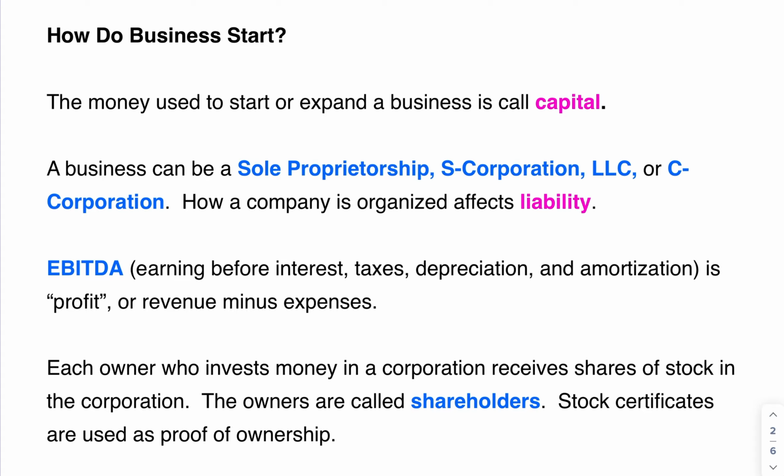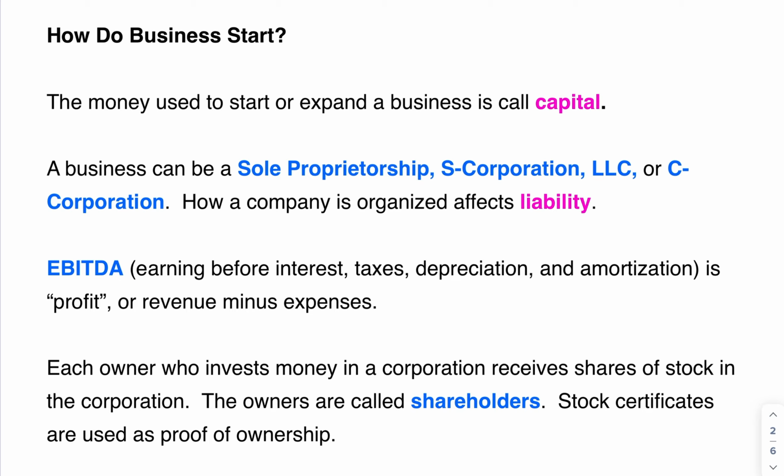Now, you may have heard of the term EBIT or EBITDA. Those are acronyms for earnings before interest, taxes, depreciation, and amortization. And this is a term that is used to determine quote-unquote profit, which is essentially revenue minus expenses.